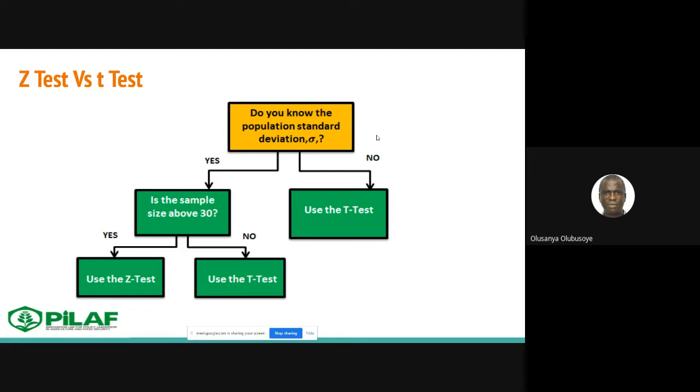Usually, either you know the population standard deviation or you don't. When you draw the sample, of course, you can compute the sample mean and the sample standard deviation.